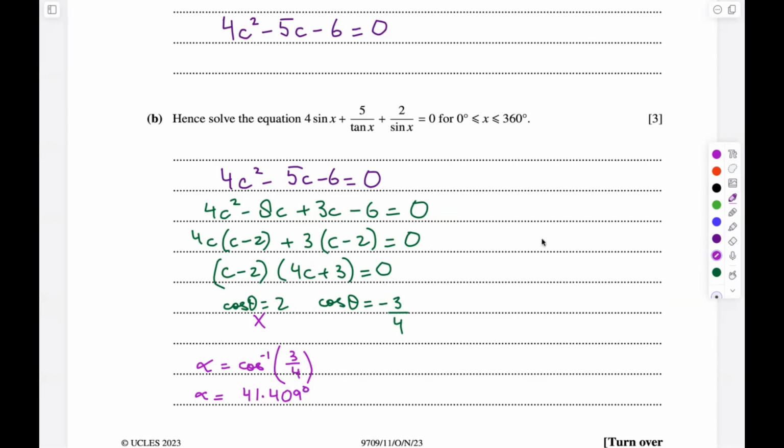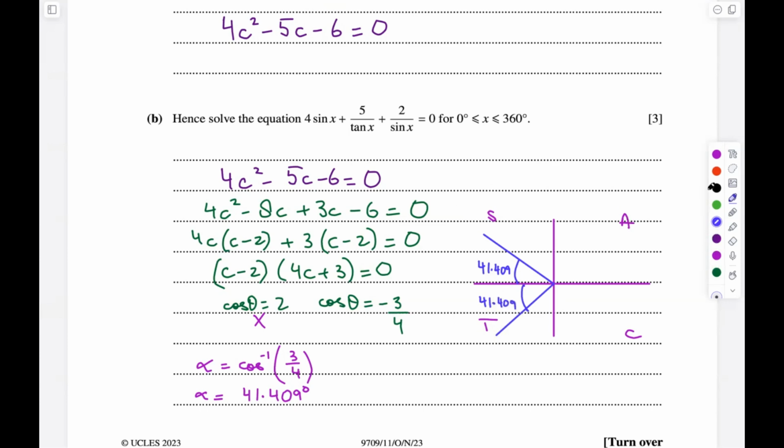Now as cos is negative over here, first we can make the 4 quadrants. We know that cos is positive in the first and the fourth quadrant, but as there's a negative sign, we'll make this basic angle in the second quadrant. This angle is 41.409, and in the third quadrant, this angle, the basic angle, which is always made with the x-axis, is 41.409.